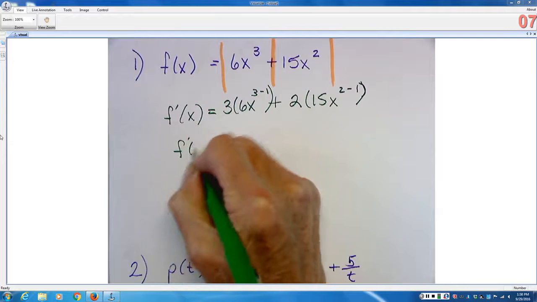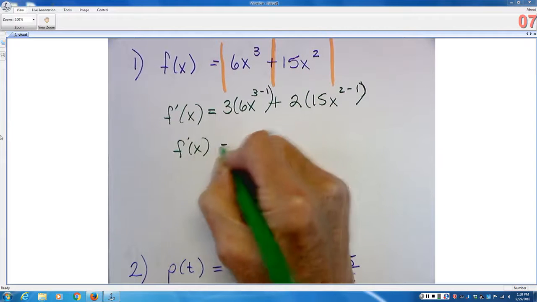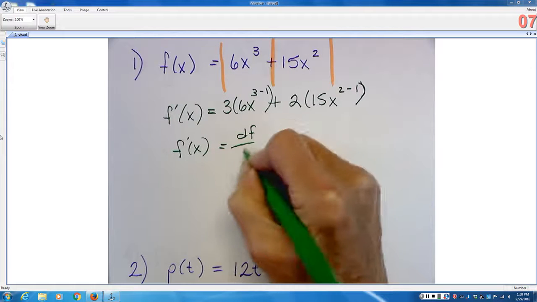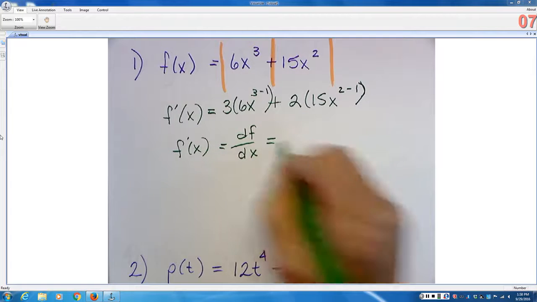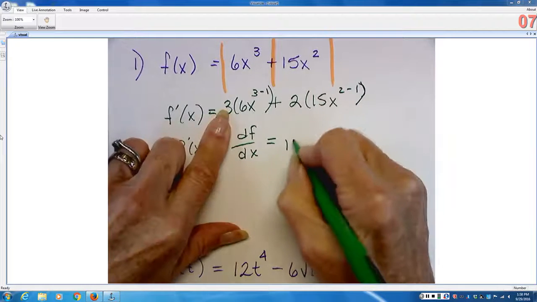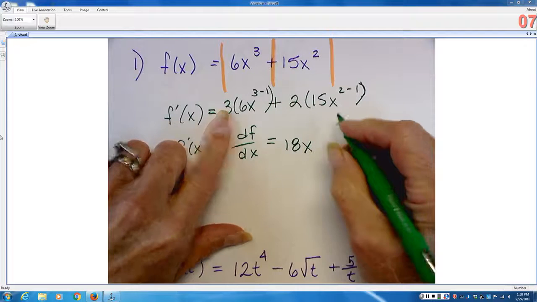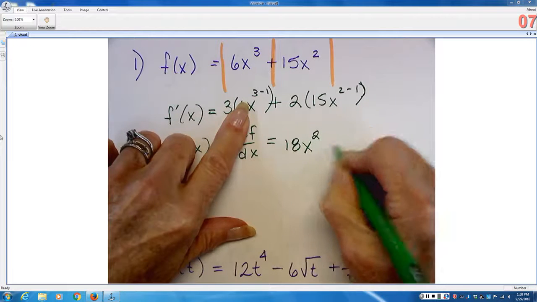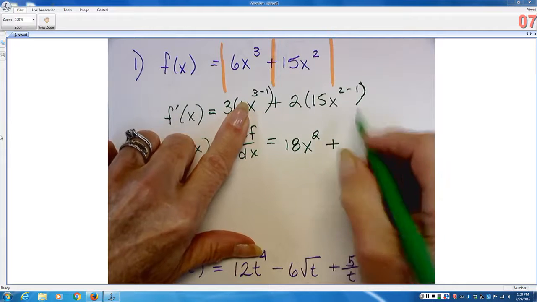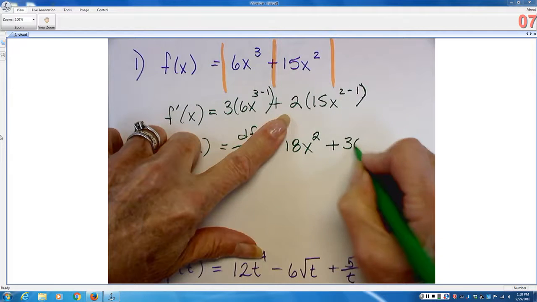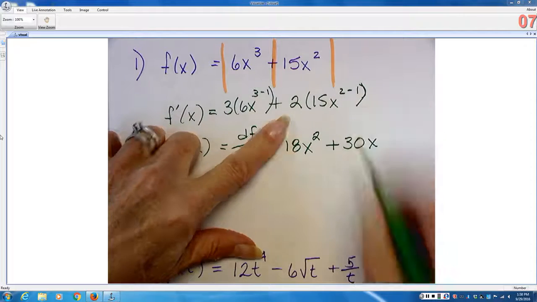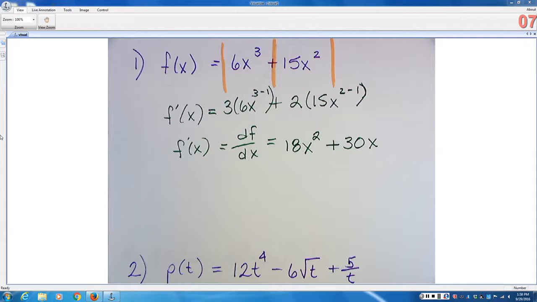So f prime of x, or df dx, is equal to 3 sixes is 18, x to the 3 minus 1 is 2, plus 2 times 15 is 30, x, and 2 minus 1 is 1, so you can write the 1 or you can leave it out. Very similar to what we just did on the quiz.